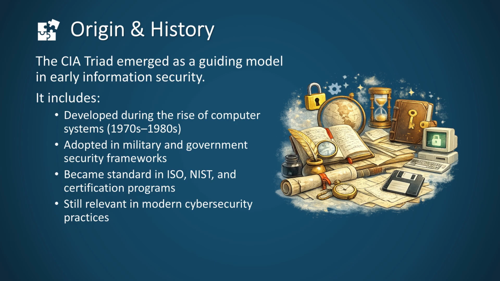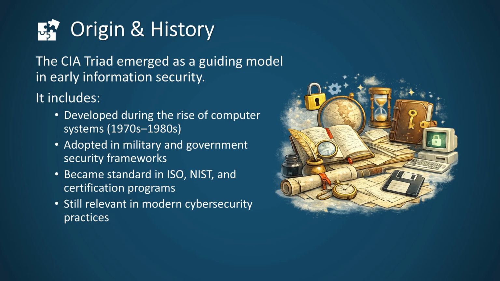Over time, its importance grew, and it was adopted into broader security frameworks such as ISO IEC 27001 and guidelines from the National Institute of Standards and Technology, NIST. For example, ISO 27001 aligns many of its controls with these three pillars, and NIST publications frequently reference the triad when defining security objectives.